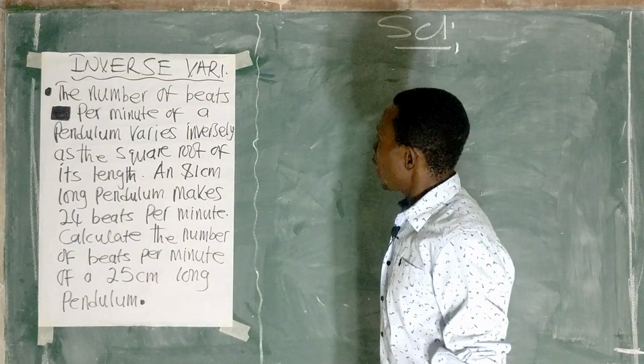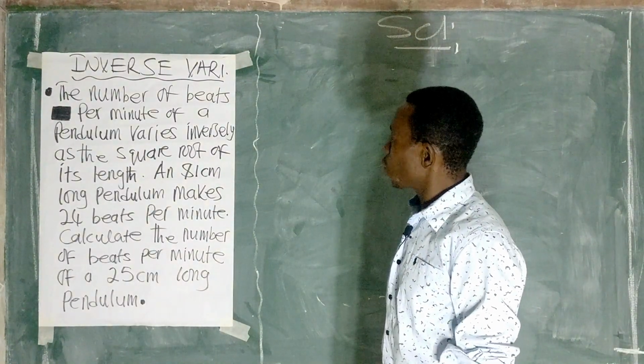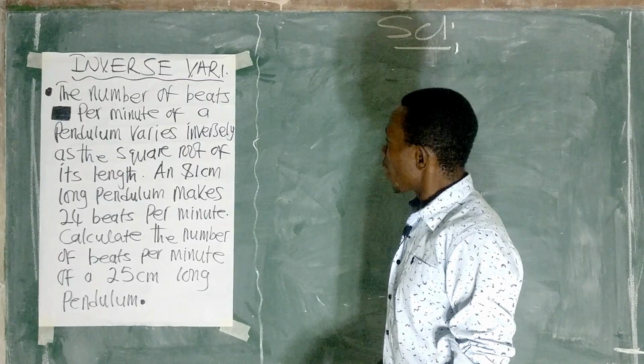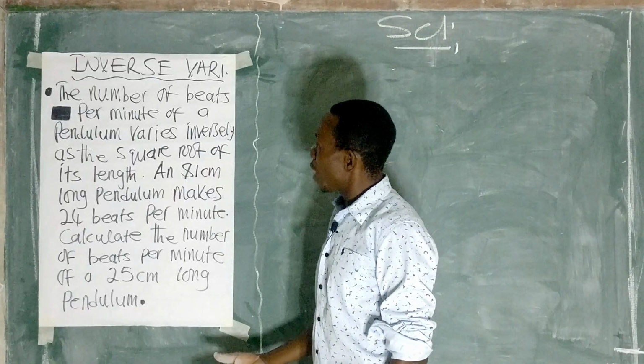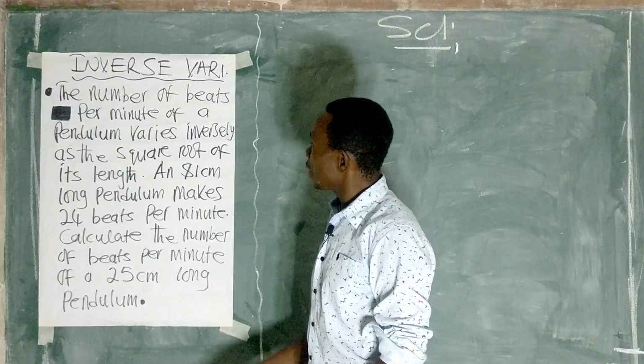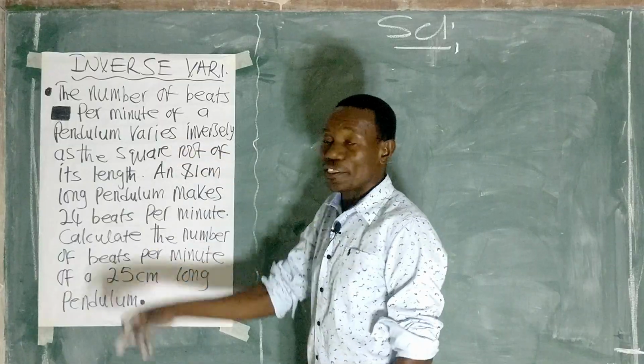First, identify the two quantities which are varying. The issue here lies on the number of beats versus the length.